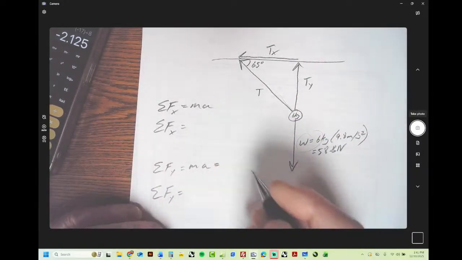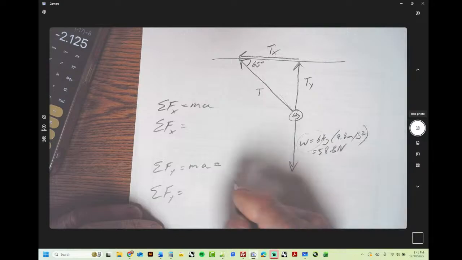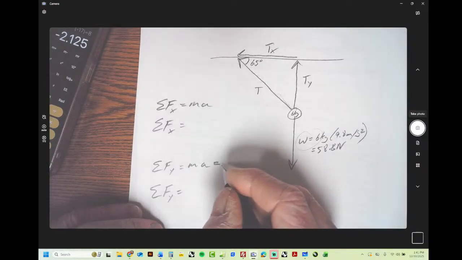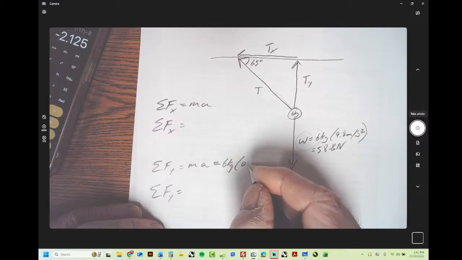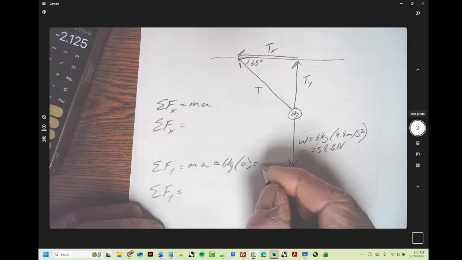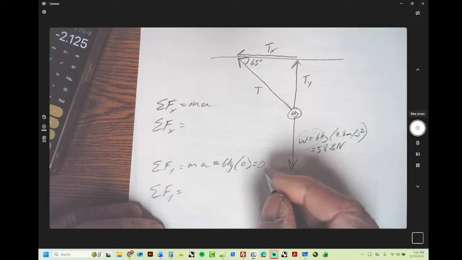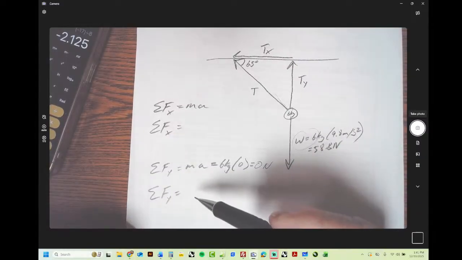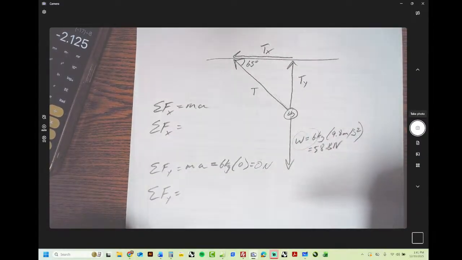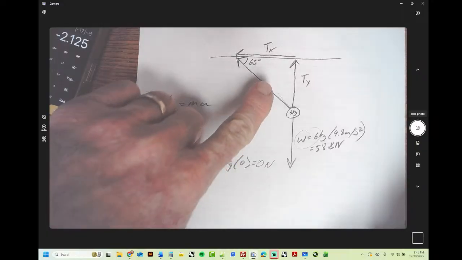So in the y dimension, I can use Newton's second law and say that the mass is 6 kilograms, the acceleration is 0, so the net force in the y dimension is 0 newtons. I can also get the net force by adding up all the vectors. This one doesn't count.